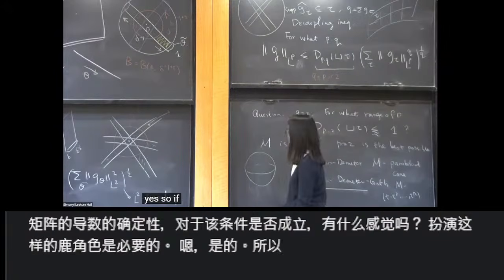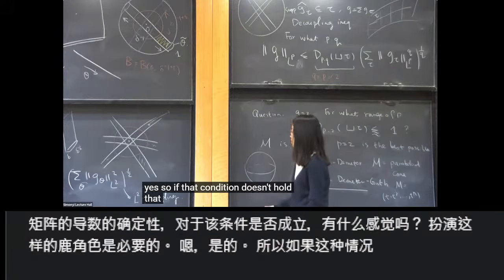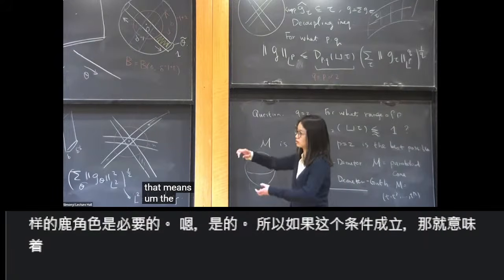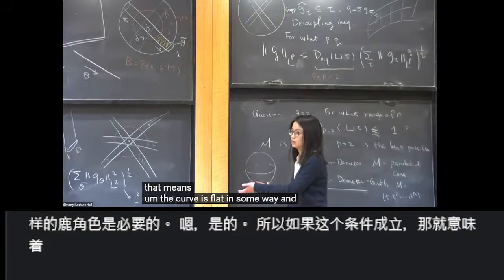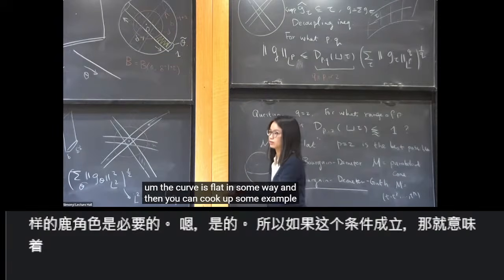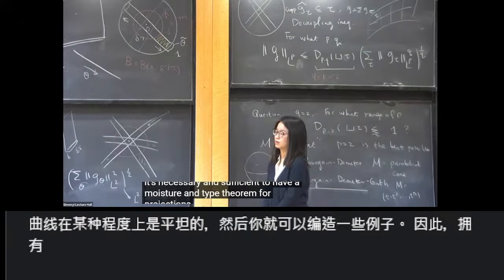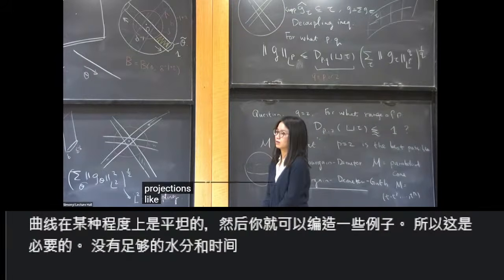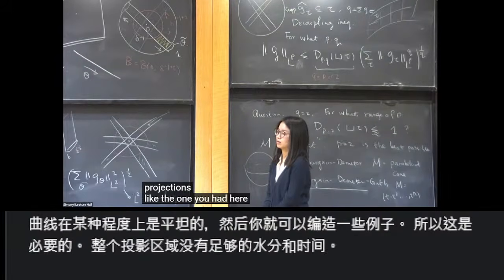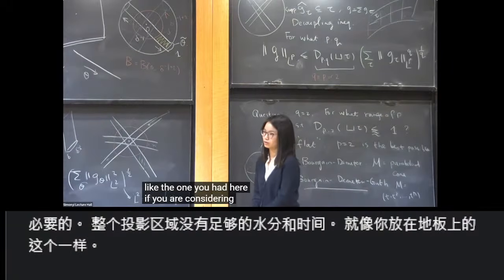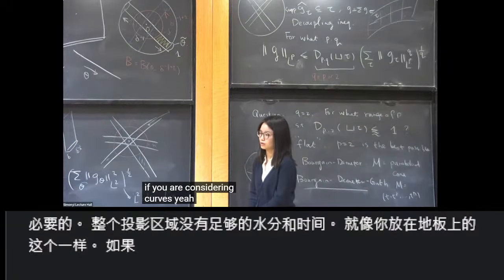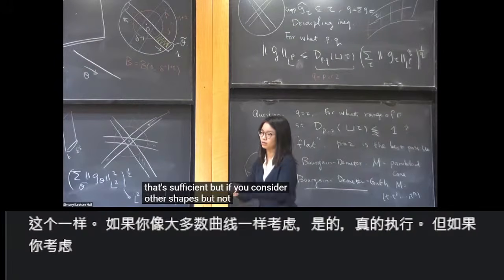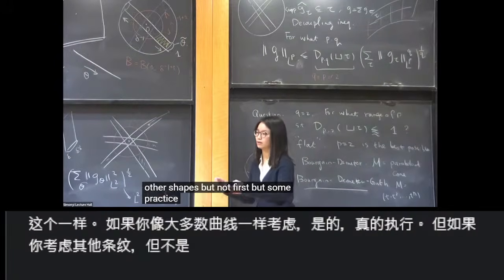Yes, if that condition doesn't hold, that means the curve is flat in some way, and then you can cook up some example. So it's necessary and sufficient to have a Marstrand type theorem for projections like the one you had here on the board. If you are considering smooth curves, yes, it's necessary and sufficient. But if you consider other shapes, say not curves, but some fractal sets, then I don't know.